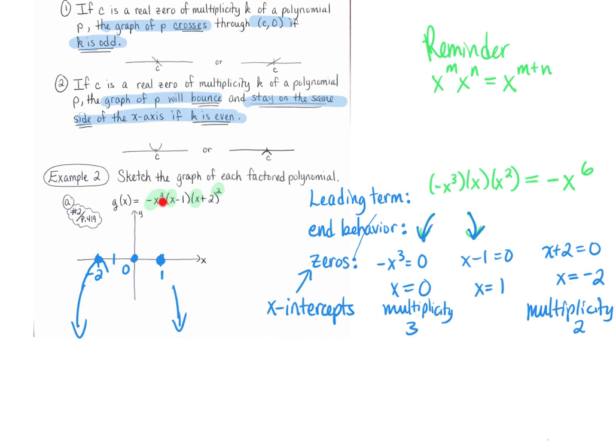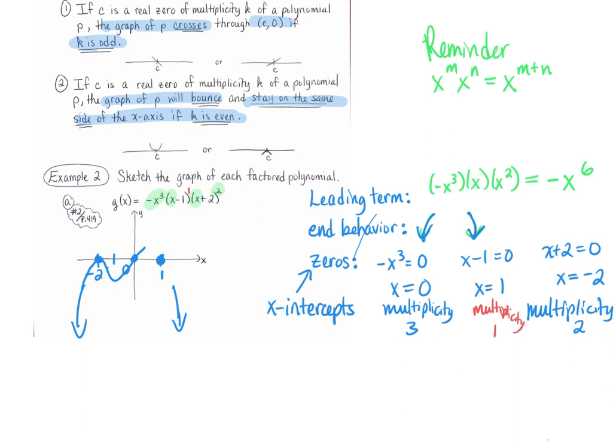Are you with me? Yes. Okay. So we know our graph is going to cross here. What's the multiplicity of 1? What's the degree of x minus 1? 1, right? So this has multiplicity 1.